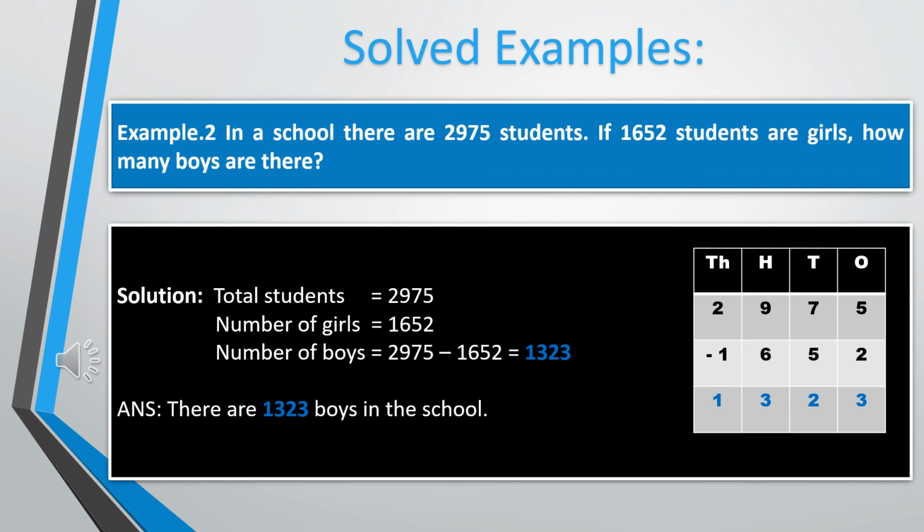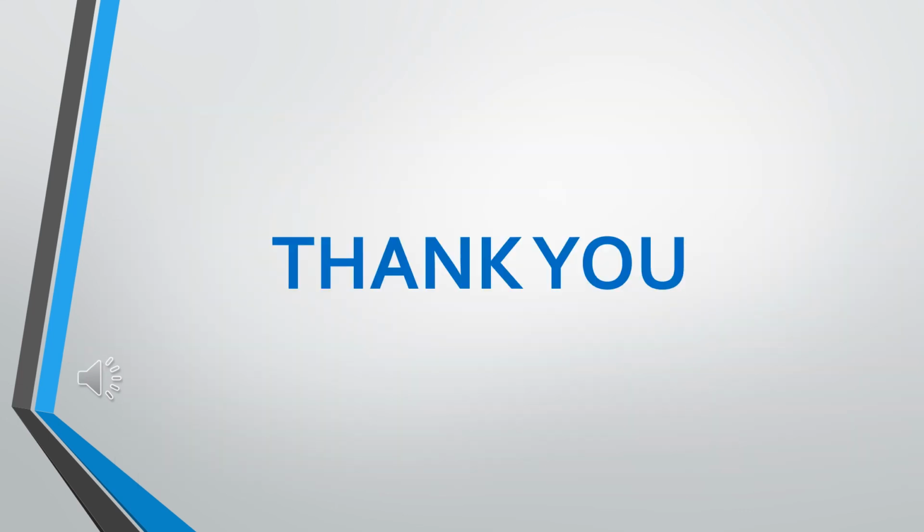Thank you and have a nice day. So students, I hope you have understood how to solve the subtraction story problems. I will be sending a worksheet to you containing questions from your exercise 3.4. Follow the steps, solve the story problems, calculate, and then look back.